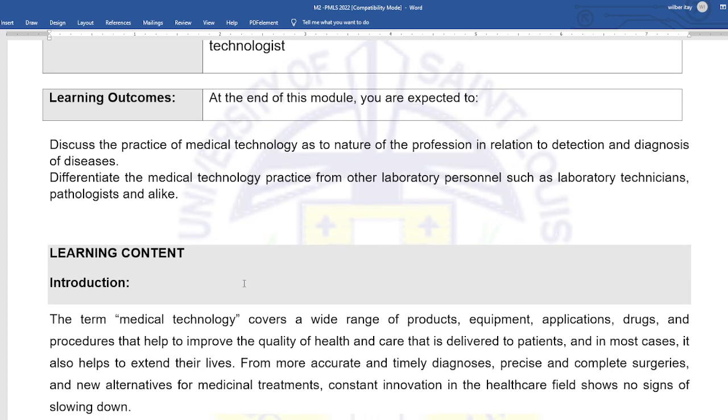So for the term medical technology, it is about the combination of the different products, applications, drugs, reagents, in order to improve the quality of health and care that is delivered to patients, and in most cases, the main goal is to extend their lives.